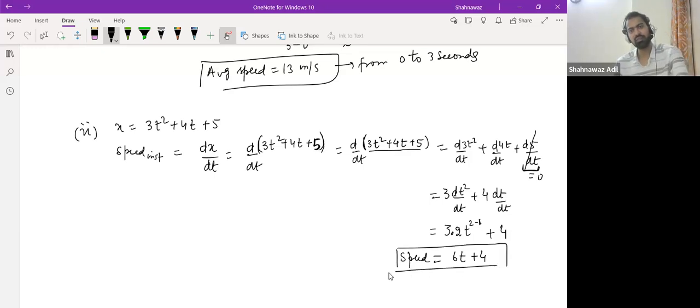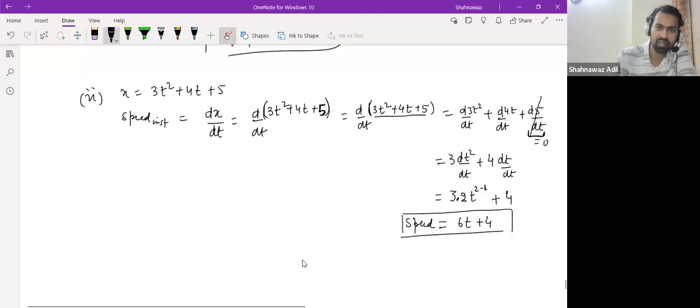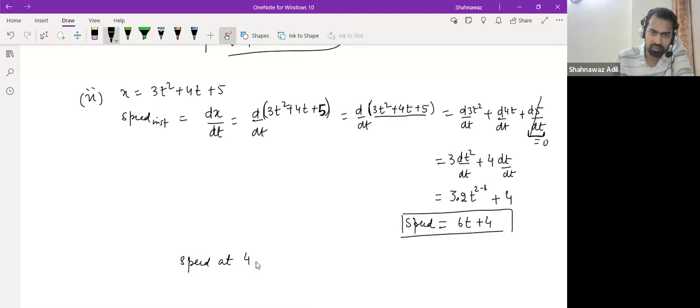Is this clear, guys? Okay, then they are asking us to calculate the speed at 4 seconds. We know that speed is v equals 6t plus 4, and they want us to calculate v at 4.